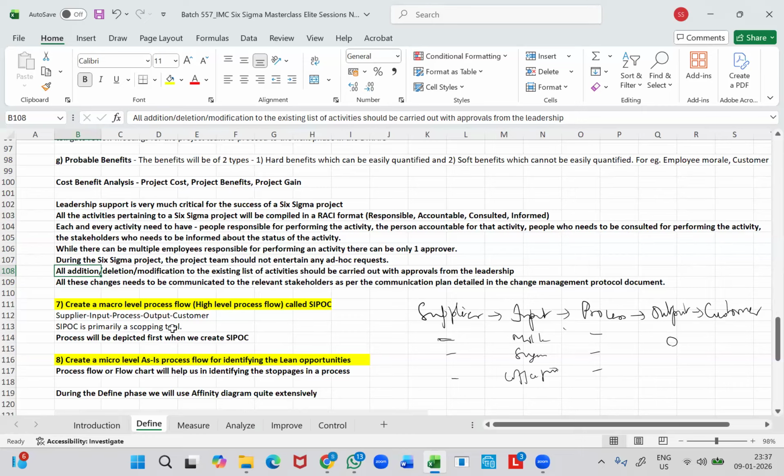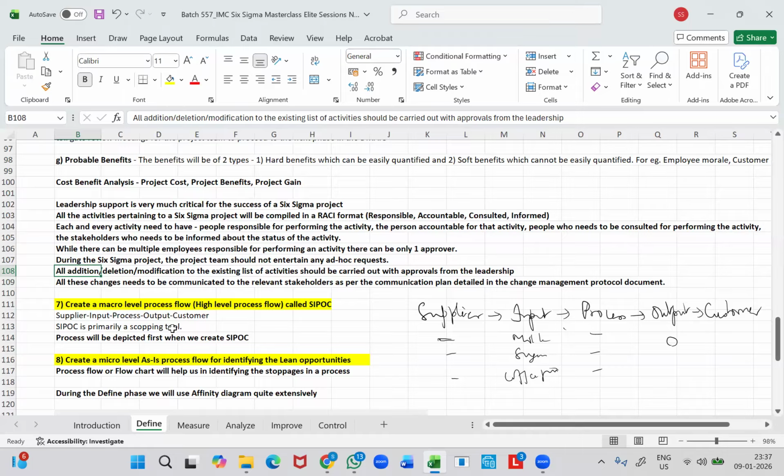One more important thing that we understood was when we create a SIPOC diagram, we will not go in that sequence. So we will create or depict the process first, and then we will depict all the other items in SIPOC. And one more advantage that we can get when we create a SIPOC diagram is that we would be able to understand whether the input quality is the primary reason for the bad output quality or not.